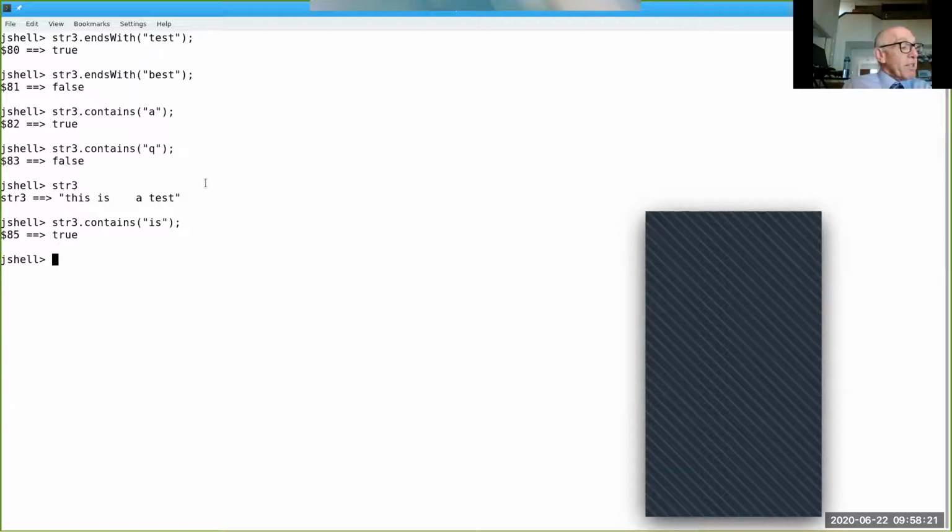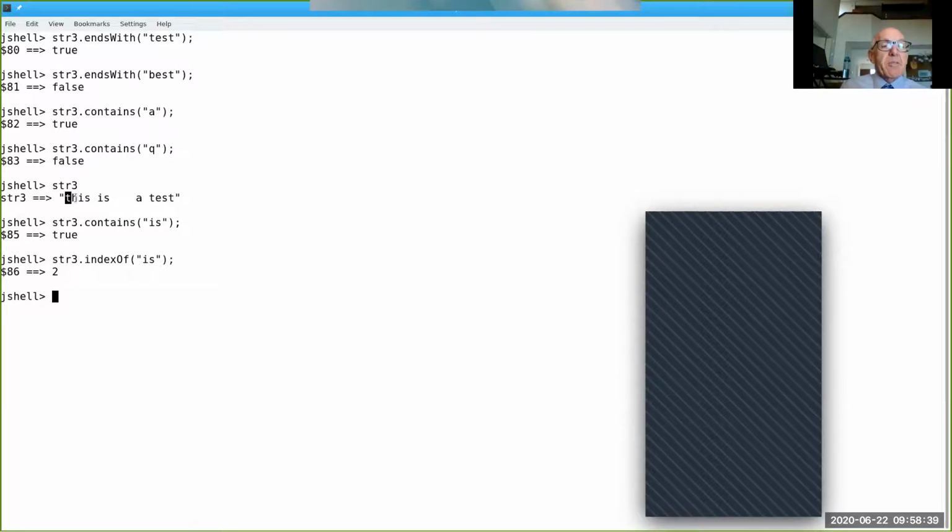Now, what if I want to know exactly where it is? I can say string3.indexOf is, and it'll give me the starting position of the letters IS, the first occurrence. Remember, we begin at 0.